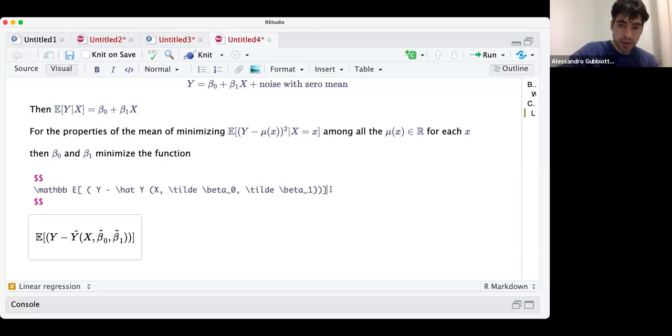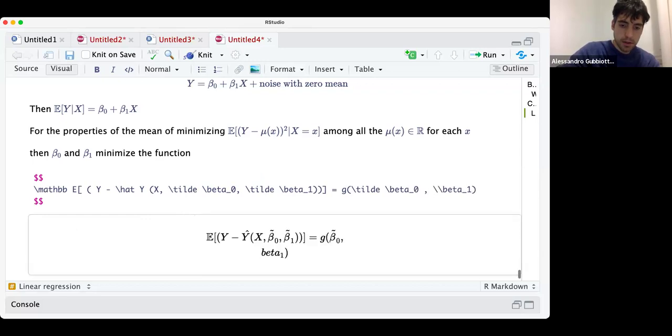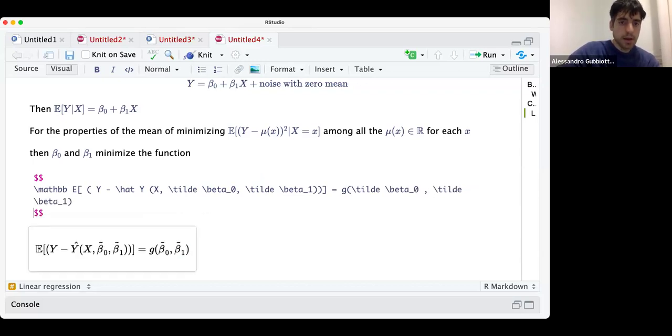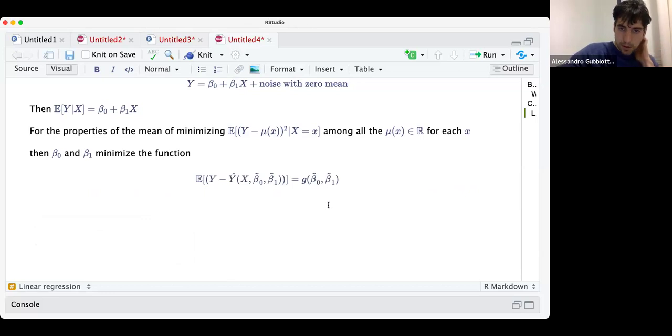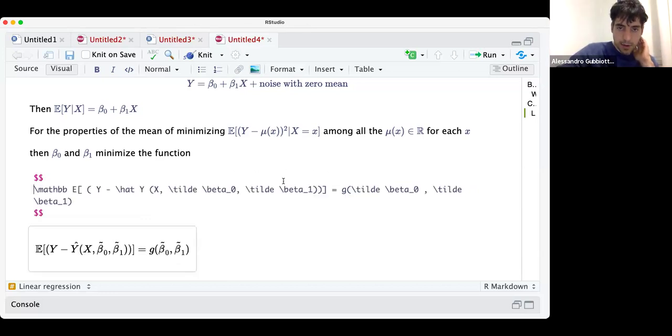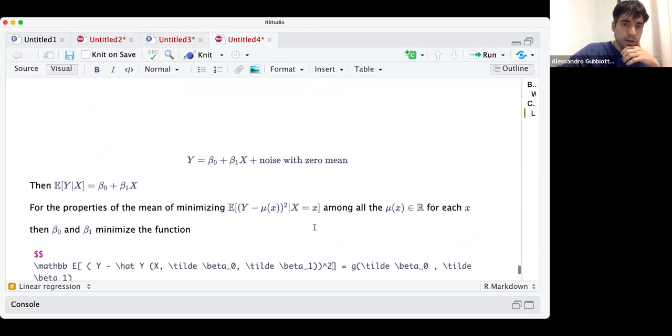This is a function which depends on beta 0 and beta 1. And I need a square here, sorry.